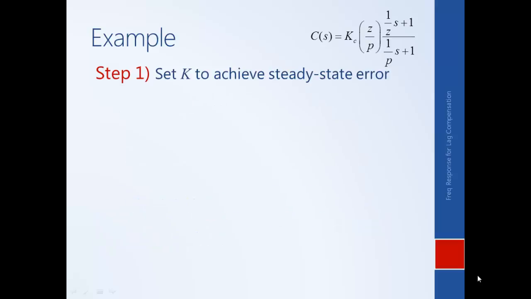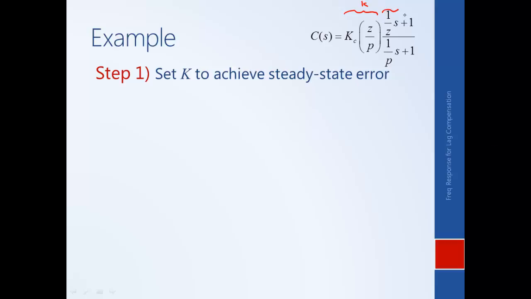So the first step in our procedure is to set K to achieve the desired steady state error. Recall that we're defining K to equal these two parameters multiplied together. So K is basically the desired increase in DC gain, where some of that comes from a gain Kc and some of it comes from the ratio of the zero and the pole.